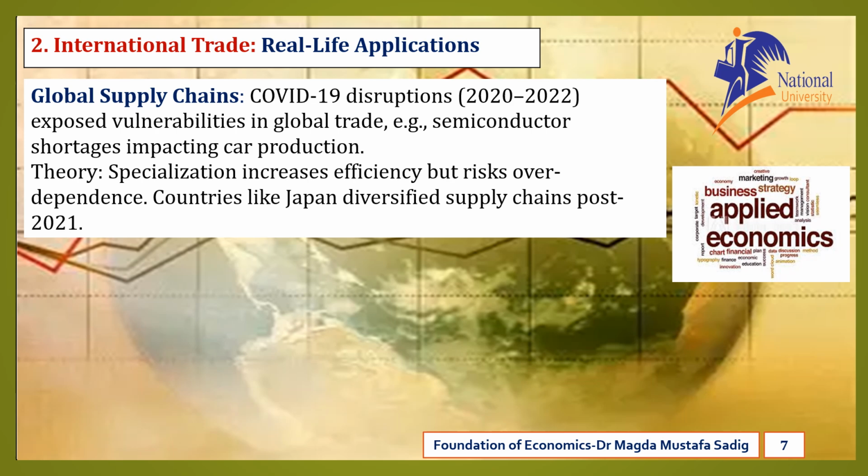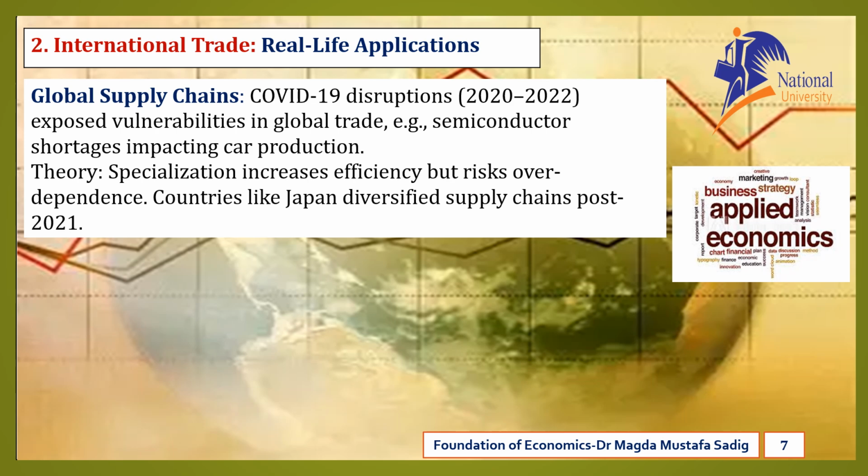Lockdowns, border closures, and factory shutdowns across Asia and Europe disrupted the global flow of goods. One striking case: semiconductor shortages.